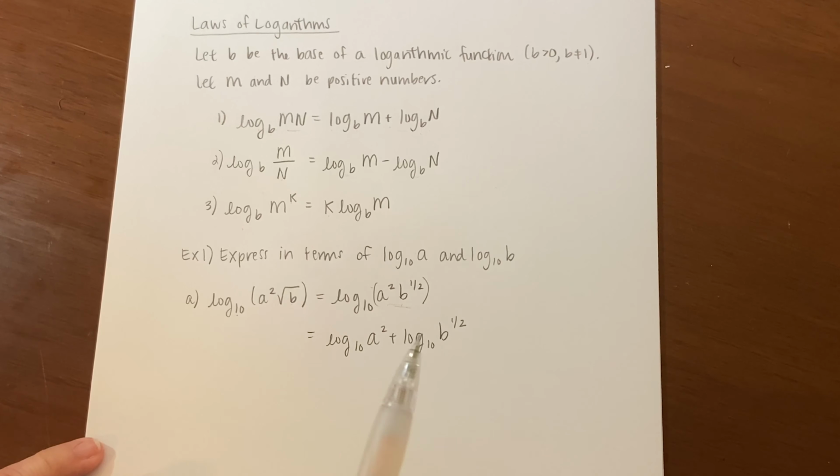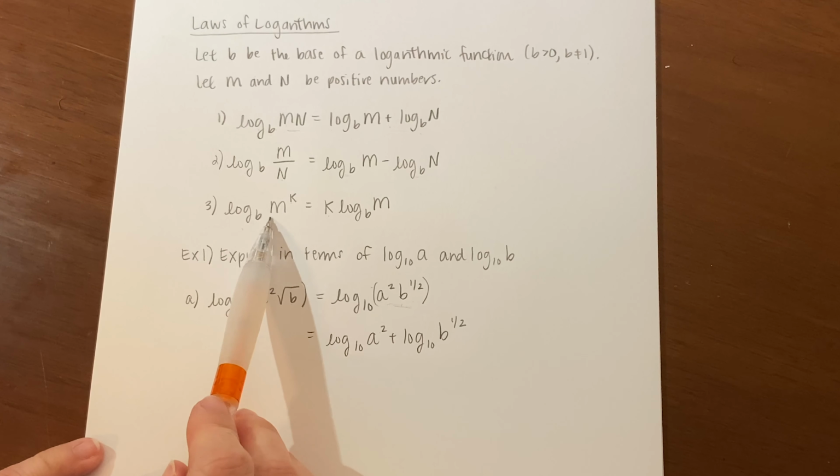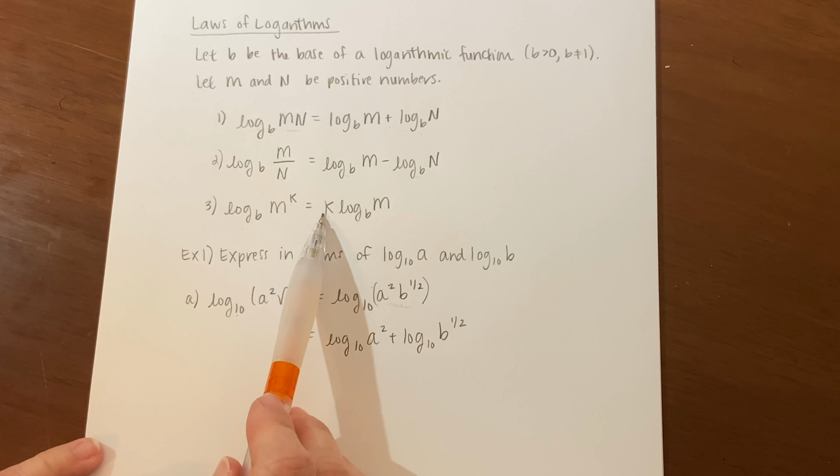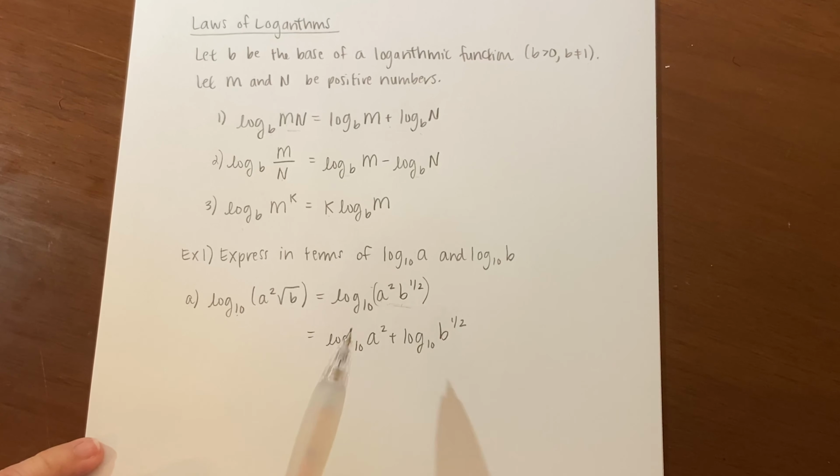All right, the next thing we have some exponents. Which of the laws deals with exponents? Law 3 shows us that if we have an exponent, we can move it to the front of the log. Now, this is something I want you to keep in mind. We have two separate logs now. So the exponent for this a is going to move to the front of this log.